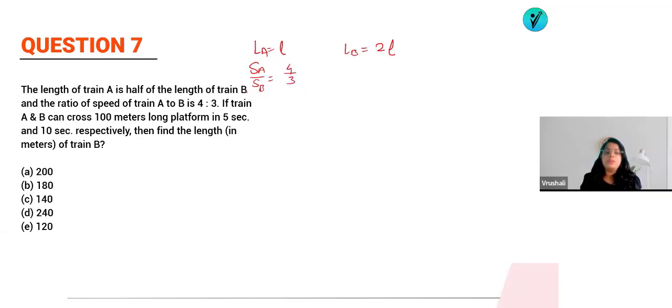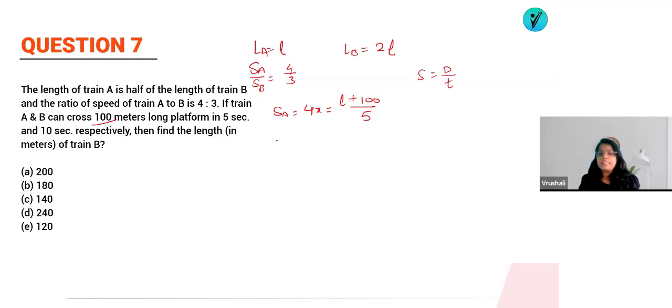If train A and train B cross a 100 meters long platform in 5 seconds, right? So what can we say, the speed for SA, that means 4x is equal to distance upon time, right? Speed is equal to distance upon time. So what will be the distance? Length of the train, that means L plus 100 meters in how many seconds? In 5 seconds.